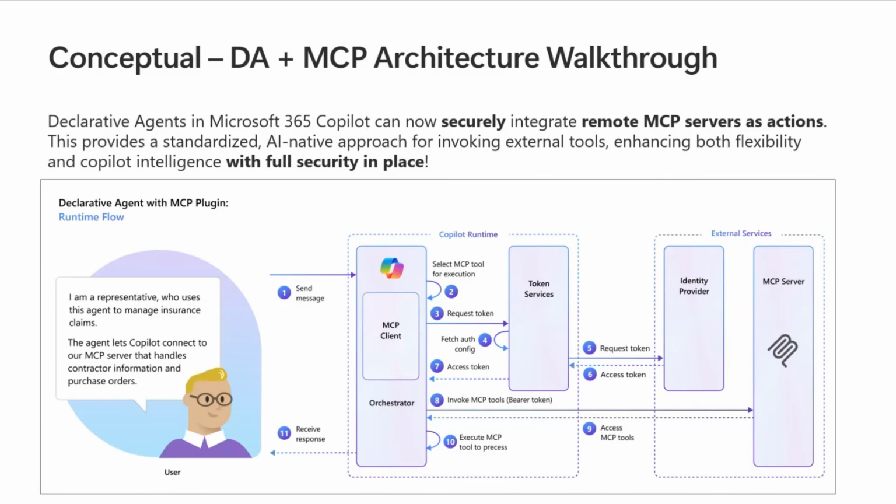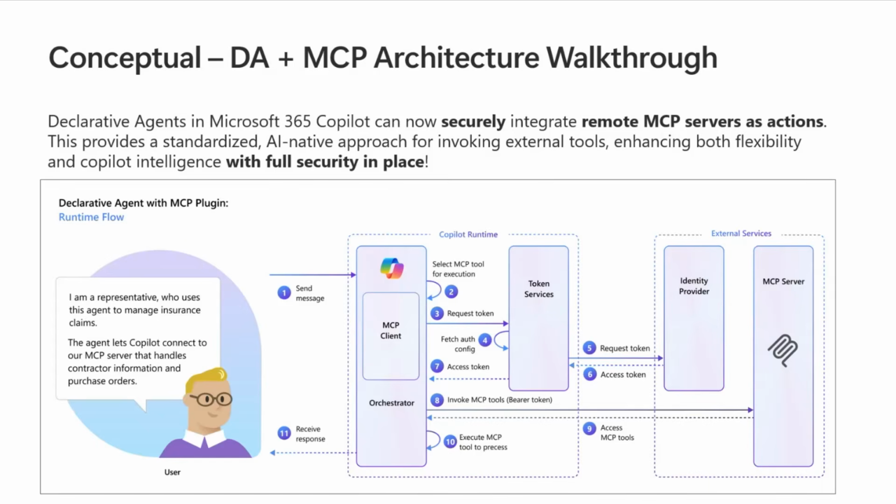That access token will be stored by the token services so that we can reuse it multiple times, and we will provide it to the MCP client, which will issue a request to the target MCP server, providing in the headers the bearer token, the access token, to access the content securely.